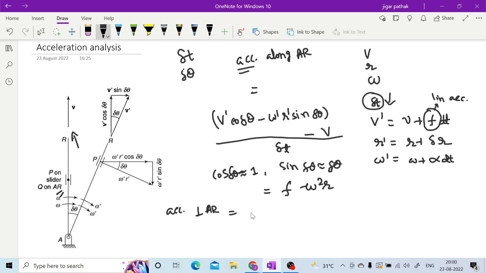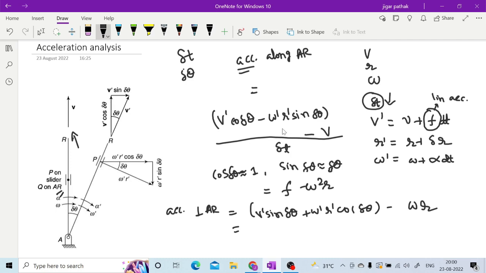So if you go for perpendicular to AR, in this horizontal direction, after this delta t you have v dash sine delta theta plus omega dash r dash cos delta theta. And before delta t it was omega r in this direction perpendicular to AR.